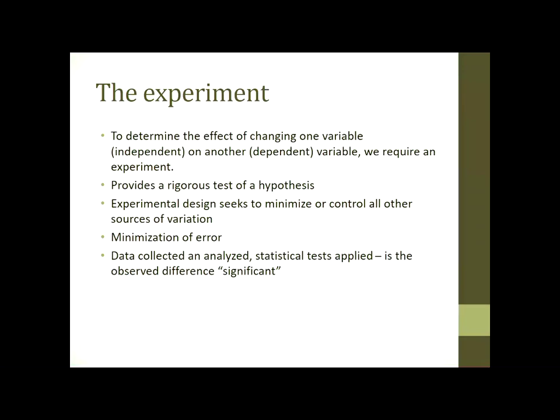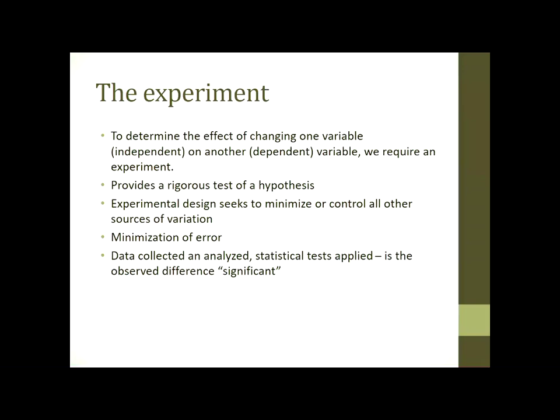In an experiment, in the way we set up the design, what we're seeking to do is minimise or control other sources of variation so that we can observe the treatment effect.